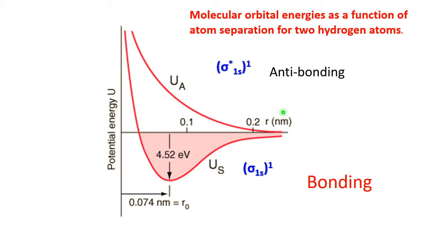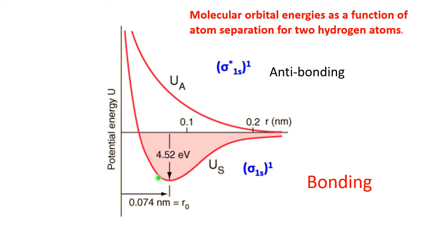Let's look at energy diagram of the same. So for bonding at large distance it will be some attraction, so favorable energy, and this will be the distance for real hydrogen molecule.